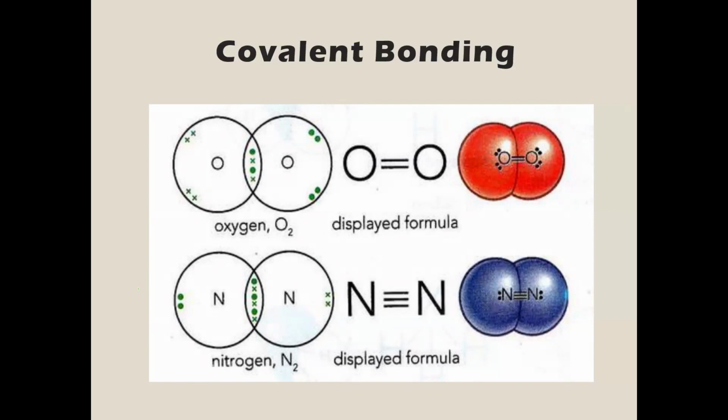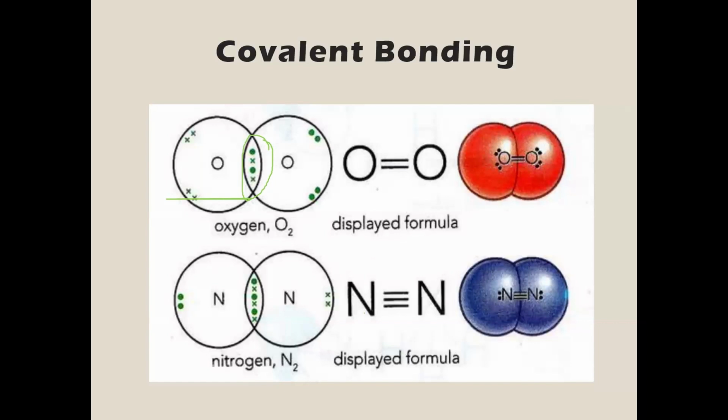For these 6 electrons, they need 2 more to reach the octet state. So when 2 oxygen atoms come close to each other, each of them will share 2 electrons with the other, resulting in 8 electrons in the outer shell for each of them. So they share 2 pairs of electrons, and each pair will form a bond. So the bond between oxygen and oxygen in the oxygen gas is a double bond.